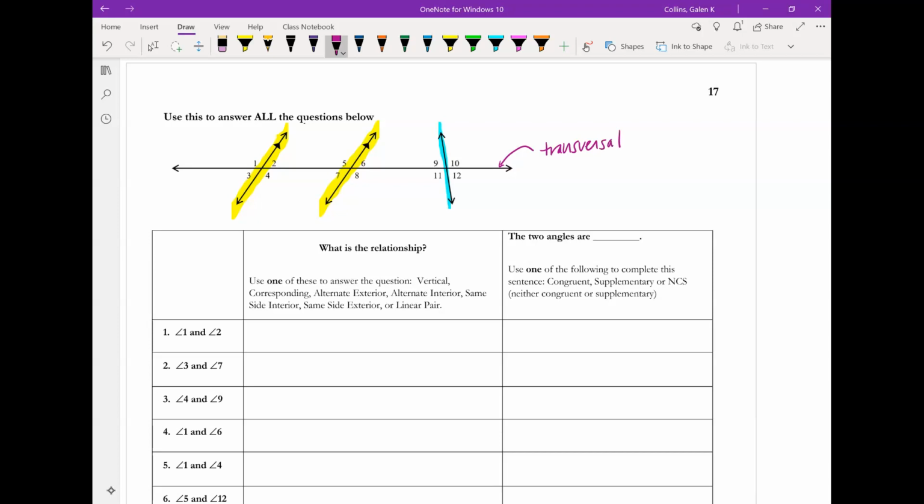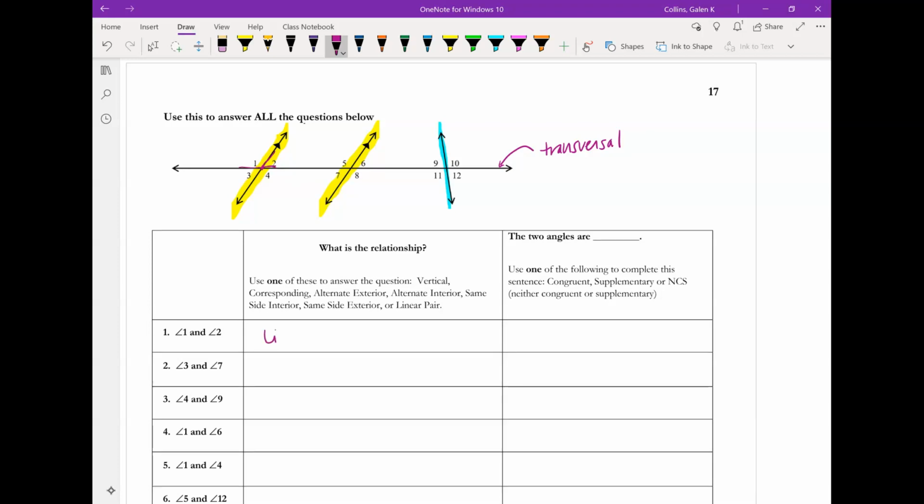All right, so in the first column, we're going to answer how these angles are related to one another. So we have 7 options. They're vertical, corresponding, alternate exterior, alternate interior, same side interior, same side exterior, or a linear pair. So just from looking at the picture, angles 1 and 2, they share a vertex, they're adjacent, and they're supplementary.